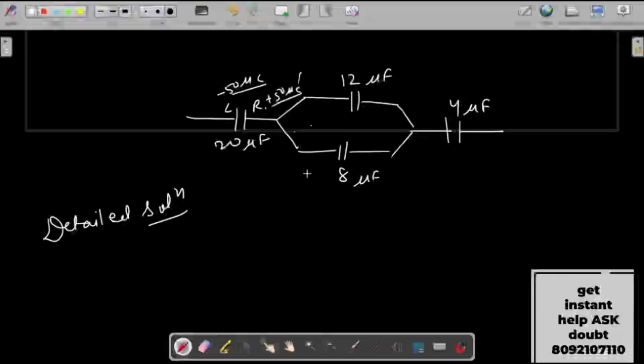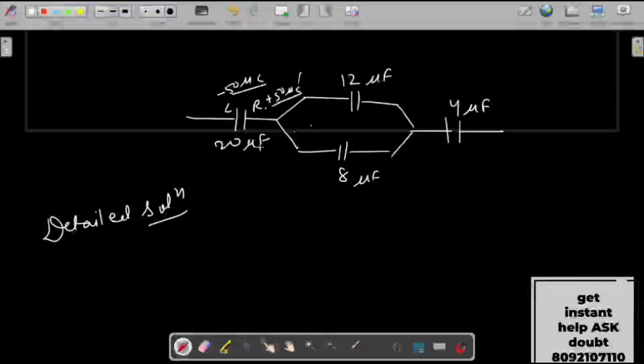Now, just like current or water flow splits in two parts when it gets two paths, in the same way, this 50 microcoulomb charge will also get divided. Some will go upward and some will go downward.